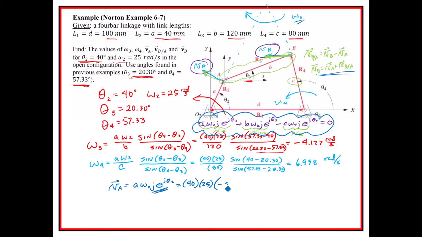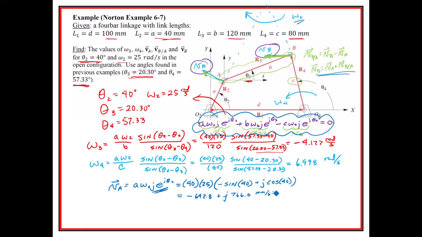So we've already gone ahead and done J times J, which makes it the negative sine of the 40 degrees right here, plus J times cosine of 40 degrees. If we work the thing out, we get negative 642.8 plus J times 766.0, and that's going to be millimeters per second.